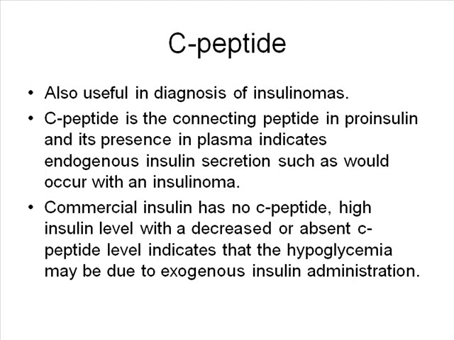So if somebody actually gave a person exogenous insulin, you can test the C-peptide level. This is kind of a forensic type of test to see, is the patient giving themselves too much insulin, or do they have insulin that they're using and not telling the physician about? Or is somebody giving their patient too much of this insulin?